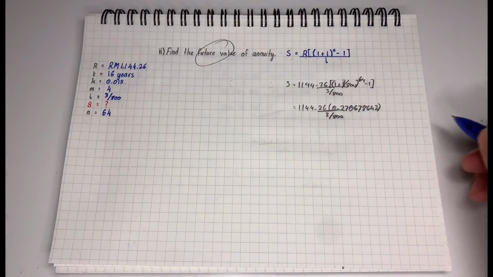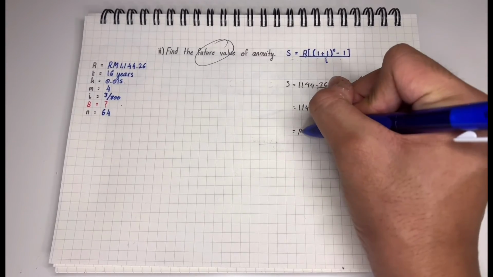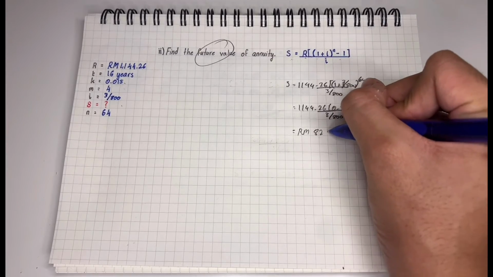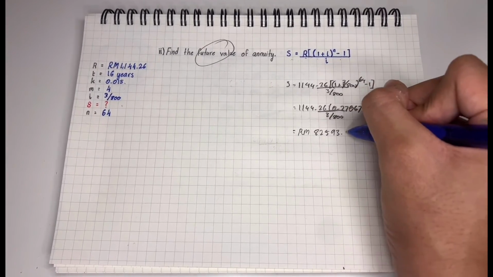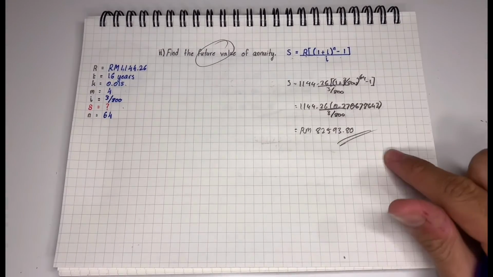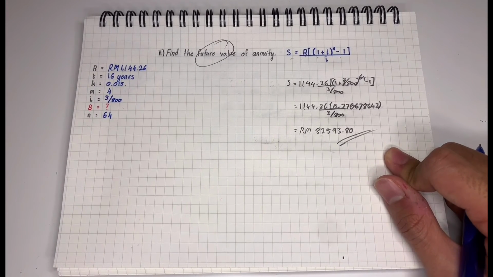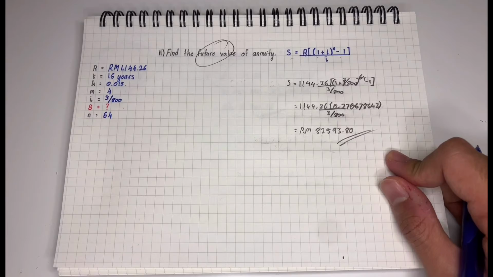So you just need to press your calculator and your answer will be RM82,593 ringgit and 18 cents. So this is the future value involved with the interest amount.